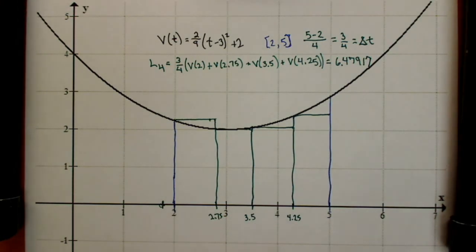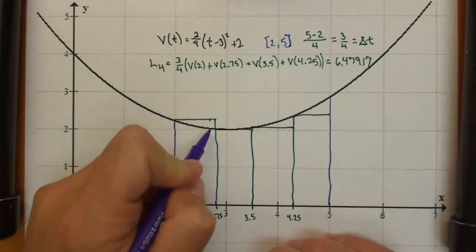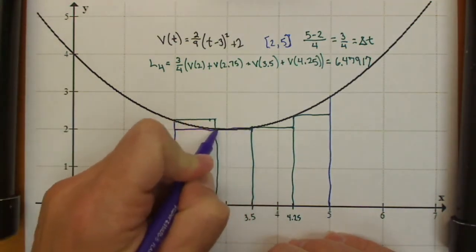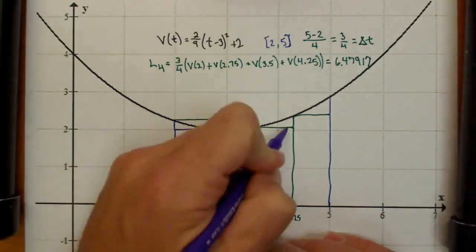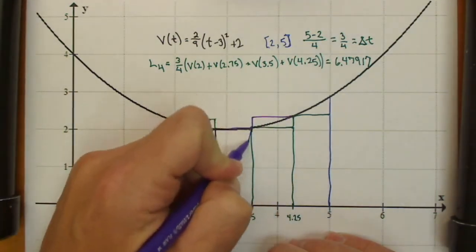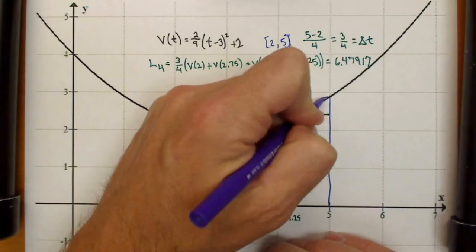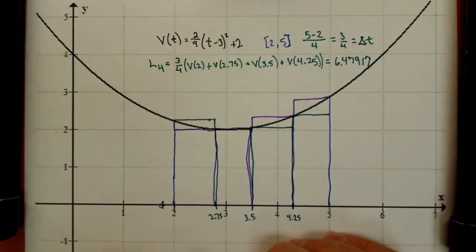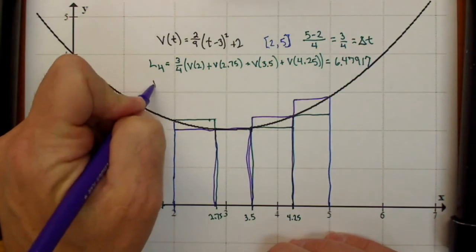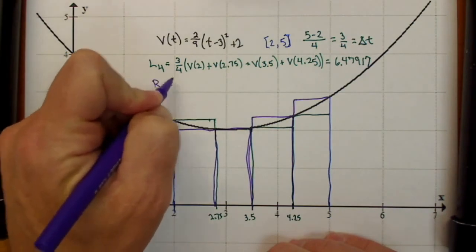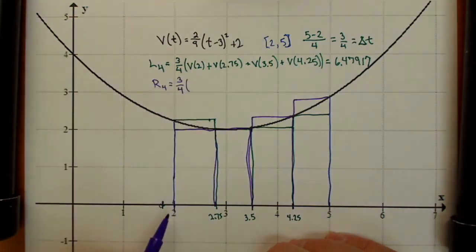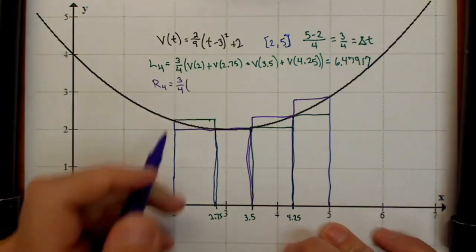Very similarly, we can do a right-hand rule. We're already set up for it. My rectangles now are going to be made by the right-hand point, so you can see we're going to get a little bit different estimate of our area. R sub 4 consists of a lot of the things the left-hand rule did, except it doesn't use the leftmost point, but it will use the rightmost point.